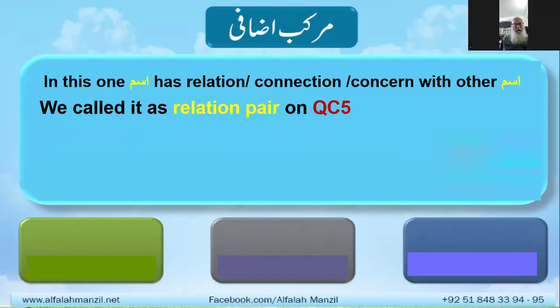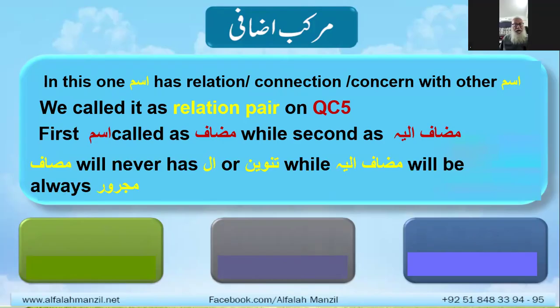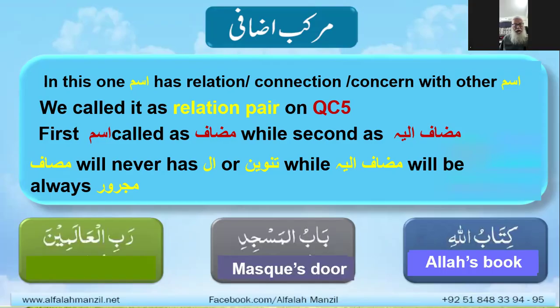We saw the relation pair in QC5. The first ism is called mudaf, the second is called mudaf ilayh. Mudaf will never have alif lam and tanween, and mudaf ilayh will be majrur. The examples were Kitabullahi, Babul Masjidi, Rabbil Alamin.